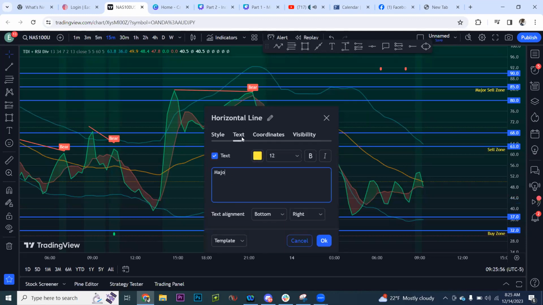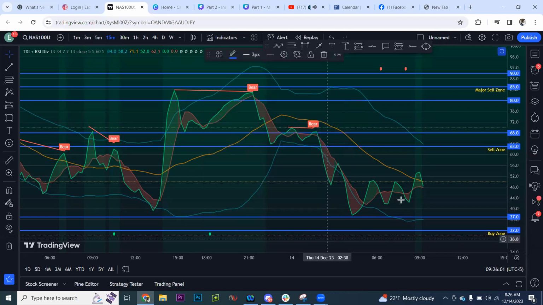Major buy zone. Okay, so now the zones are marked on here.